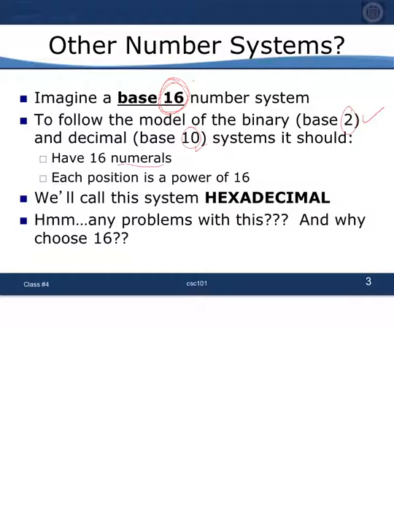And in a base 2 system, binary, we know the place values are powers of 2. So for a base 16 system, the place value should be powers of 16 in order to complete this analogy. In binary, I multiply by 2, multiply by 2, multiply by 2. So for base 16, I should start with 1 and multiply by 16 and multiply by 16.